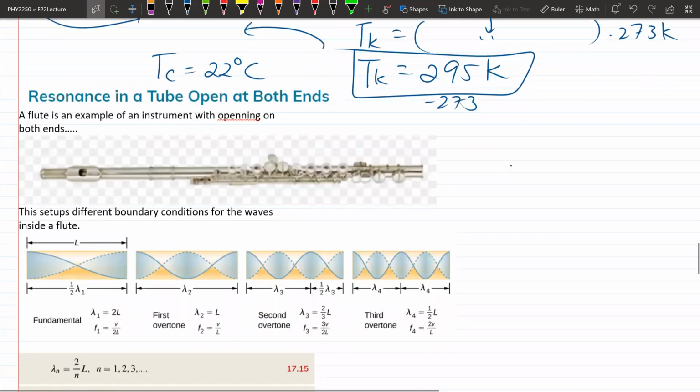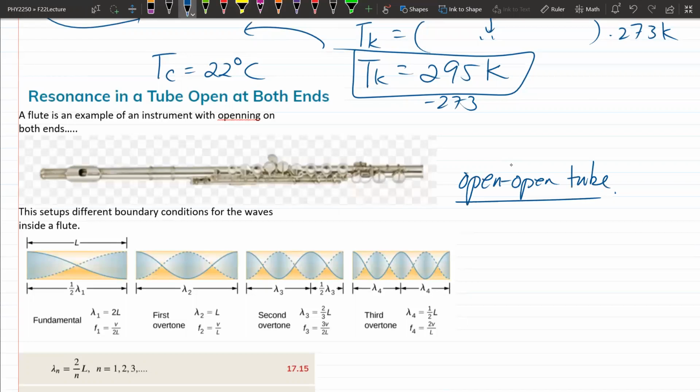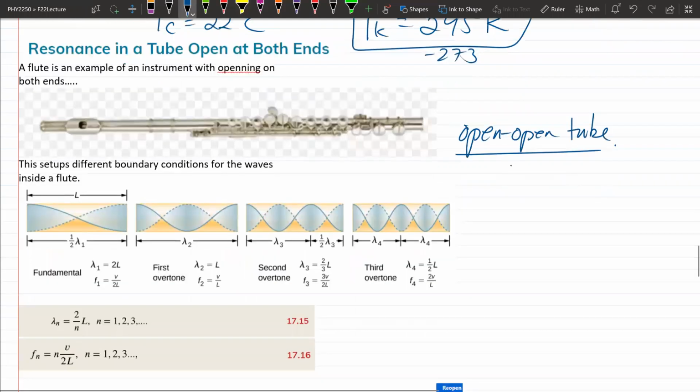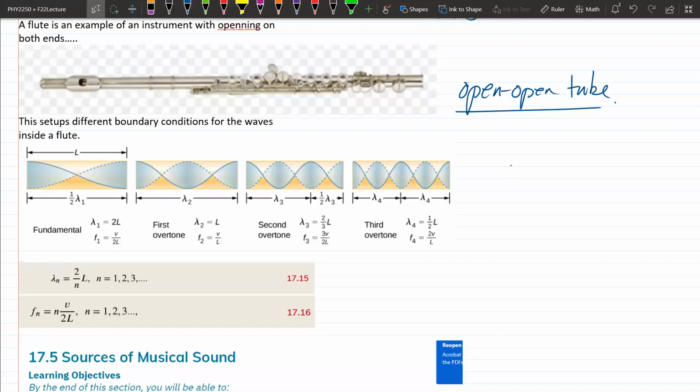In this case, you have an open tube. That's what these are called. The boundary conditions of the sound waves are that they both have to have their maximum amplitude on both ends. In order for that to happen, the middle of the tube has to be 0, because that's the only way I can draw a sine wave in here.